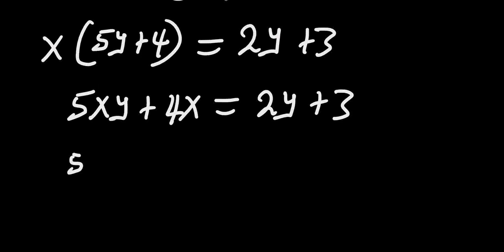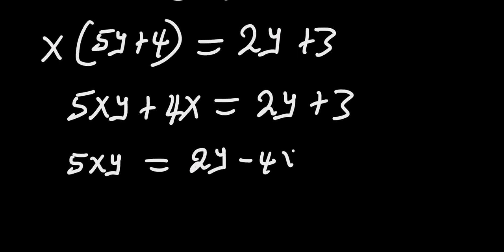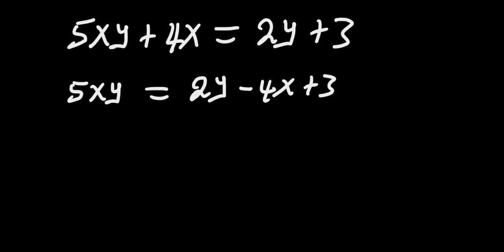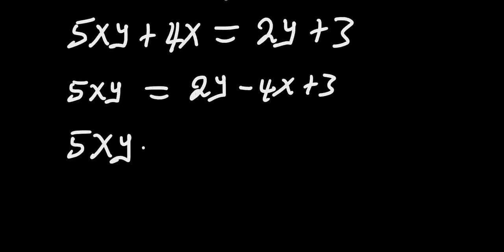So that will give us 5xy is equal to 2y minus 4x plus 3. Now let's subtract 2y from both sides. So if you subtract 2y from both sides, then we're going to have 5xy minus 2y is equal to negative 4x plus 3.